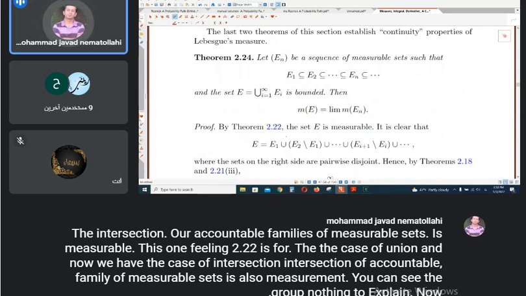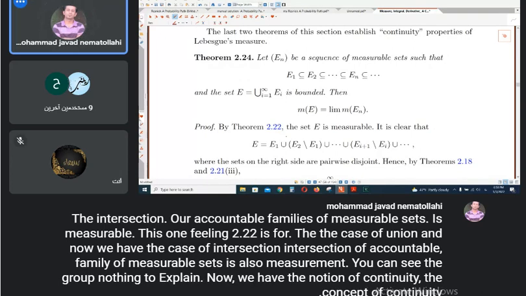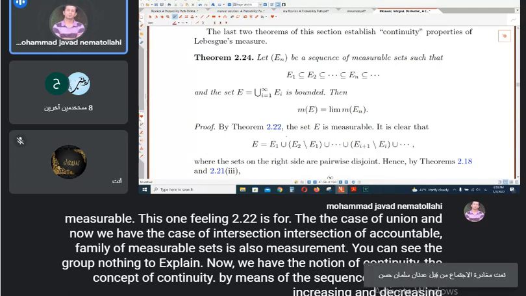Now we have the notion of continuity, the concept of continuity, by means of increasing and decreasing sequences of sets.